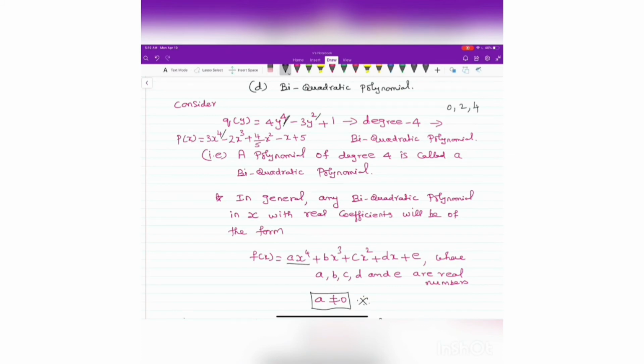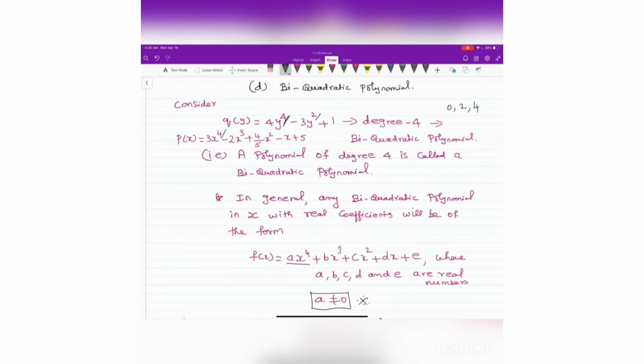We can call this particular polynomial a quartic polynomial. If you see the powers of this polynomial, you are having 4, and again you are having 3, 2, 1, 0. So, all the powers are not even.